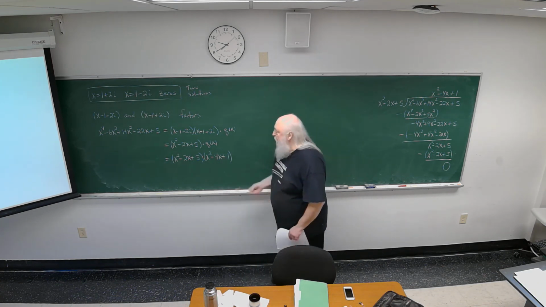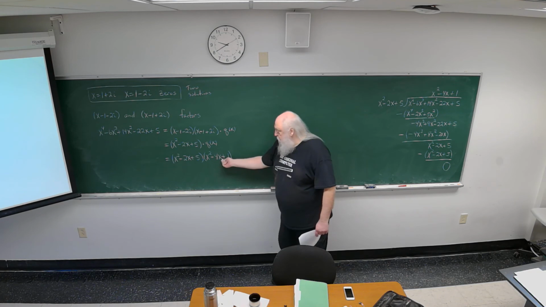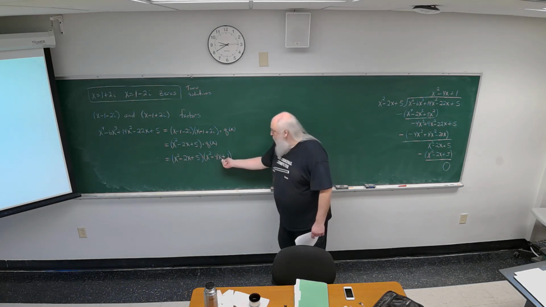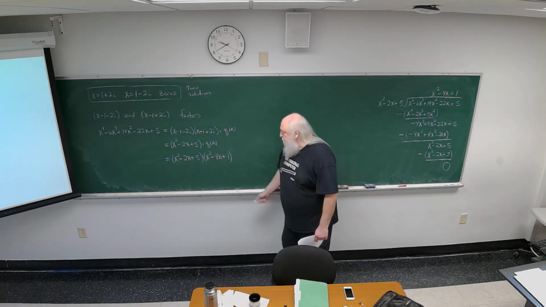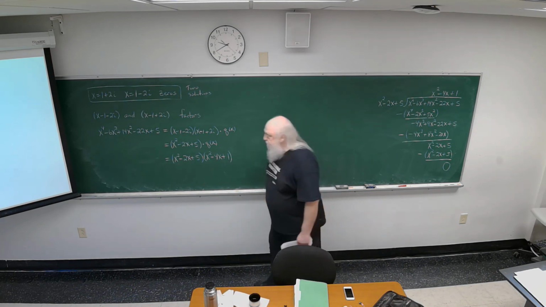So now we got to find the zeros of our fourth degree, find the zeros of our quadratic. Okay. Now, if that factors with real numbers, that's fine, but I don't think it does.